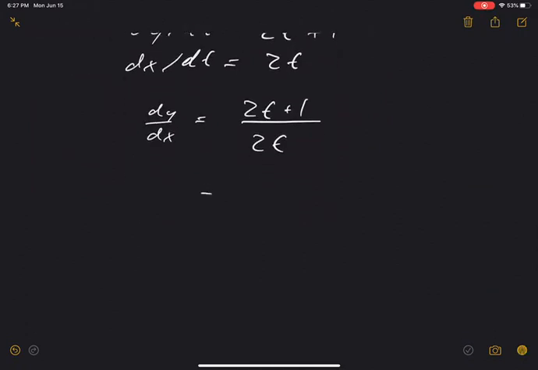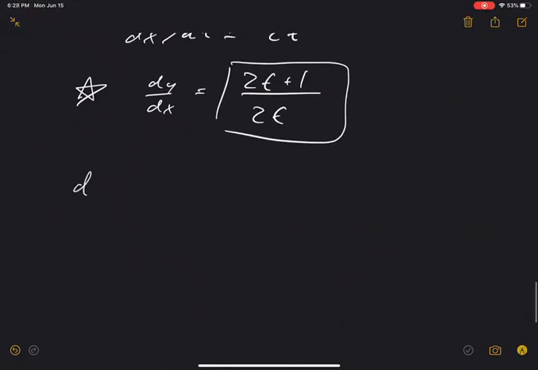And I can simplify this, and it's going to make your life simpler to simplify as much as possible at this stage. That's going to make finding the second derivative easier. For instance, if I left my derivative like this, the next step would be to differentiate it with respect to t, which involves the quotient rule.